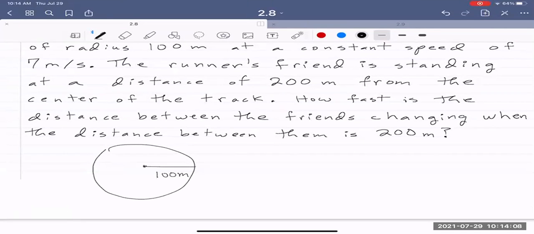You have a friend standing a distance of 200 meters from the track. Okay.